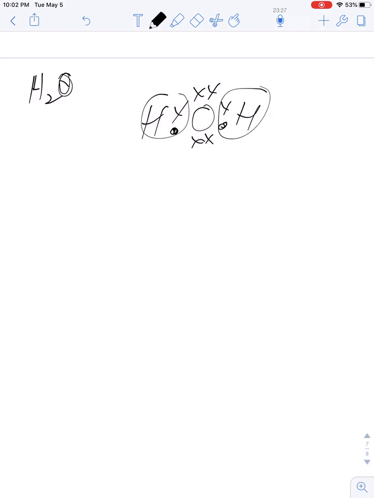So we could do this, for example, with water. Water's H2O. I do my Lewis dot structure. By the way, you're going to do the Lewis dot structure for water 1,000,000 times. So I get this.